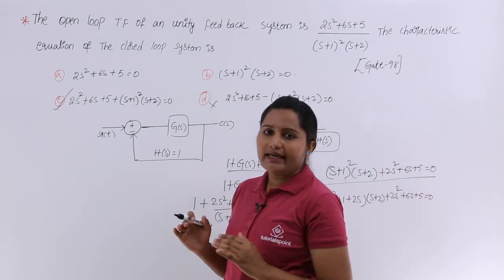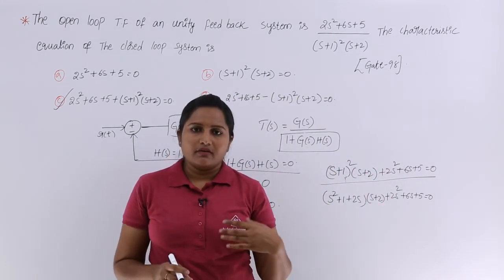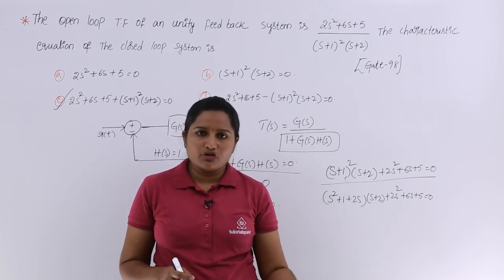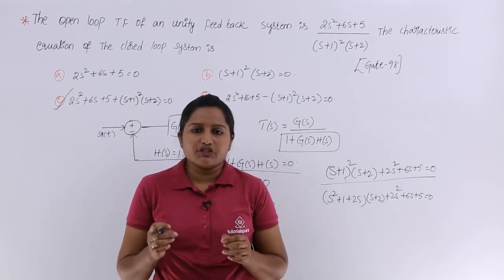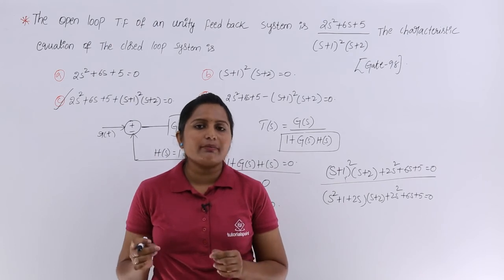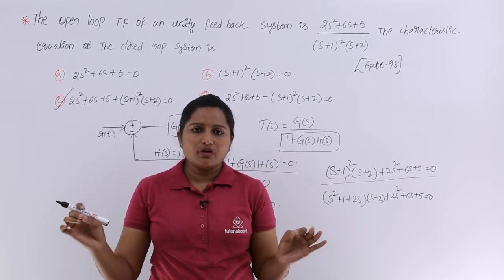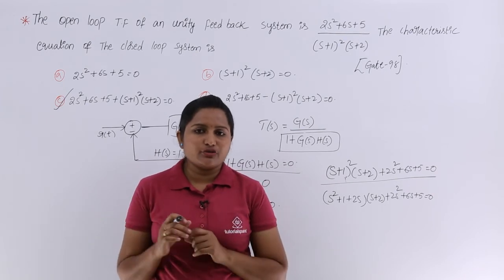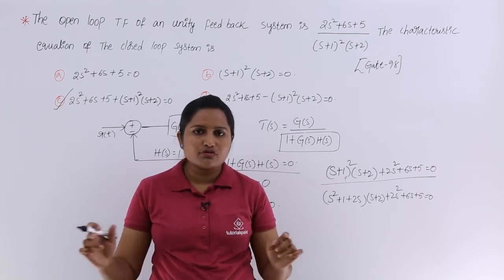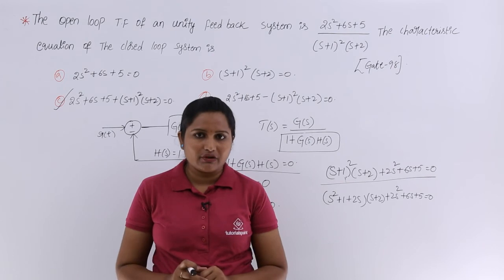When they are asking for the characteristic equation with open loop or closed loop or a block diagram given, we just need to find 1 plus G of S into H of S, and make 1 plus G of S into H of S equivalent to 0 to model the characteristic equation.